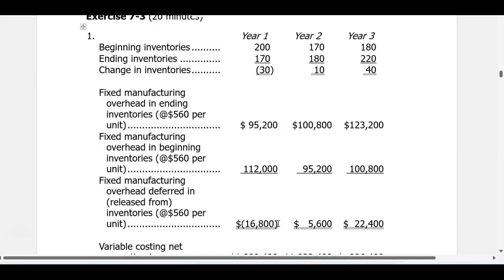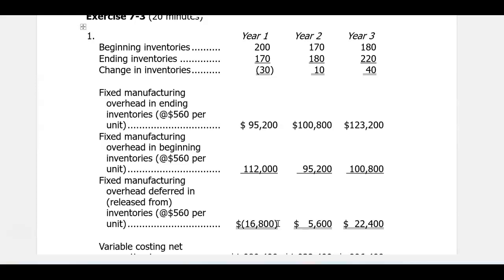That means the ending inventory under variable costing only includes variables, right? Only variables. So 16,800 has been expensed under variable costing, because under variable costing, all fixed expenses will be expensed immediately.